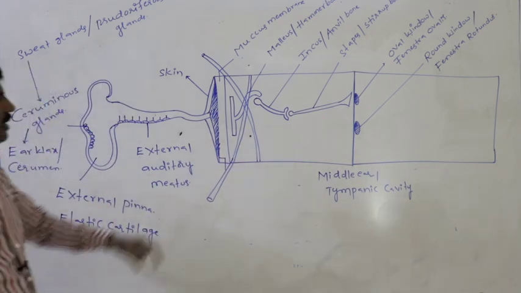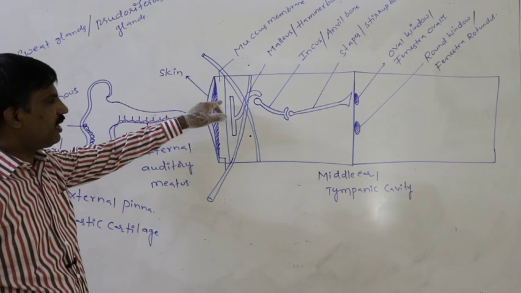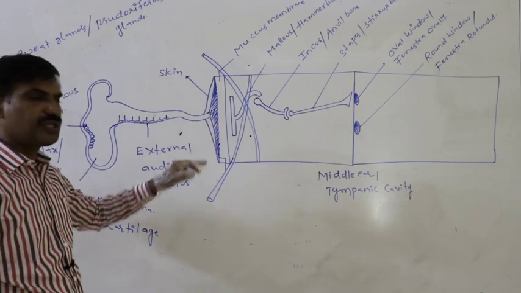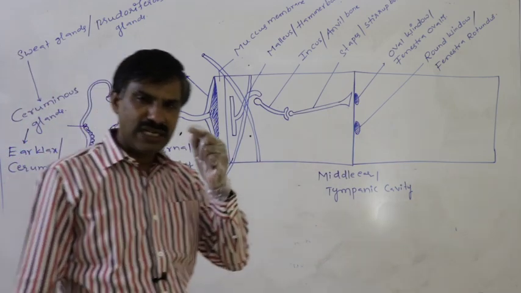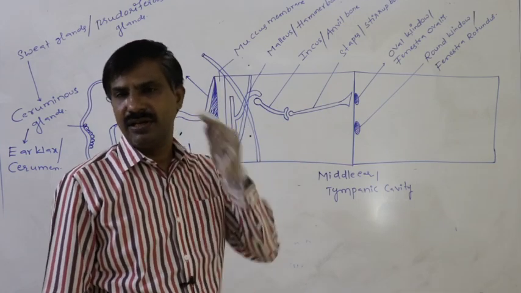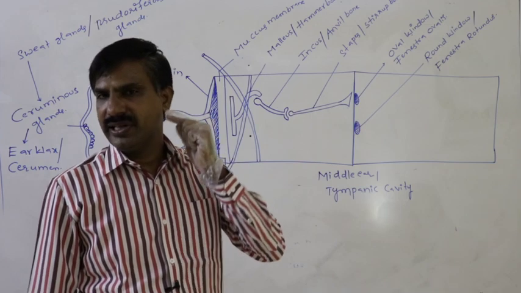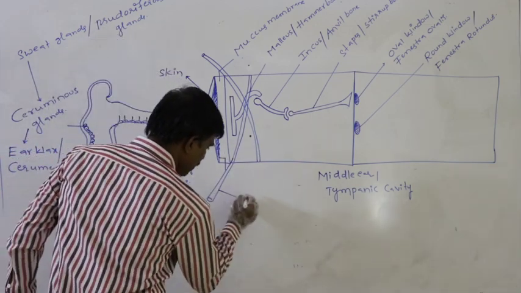On either side of the tympanum, the tubes which extend and connect the nasopharynx with the middle ear are called the Eustachian tubes.